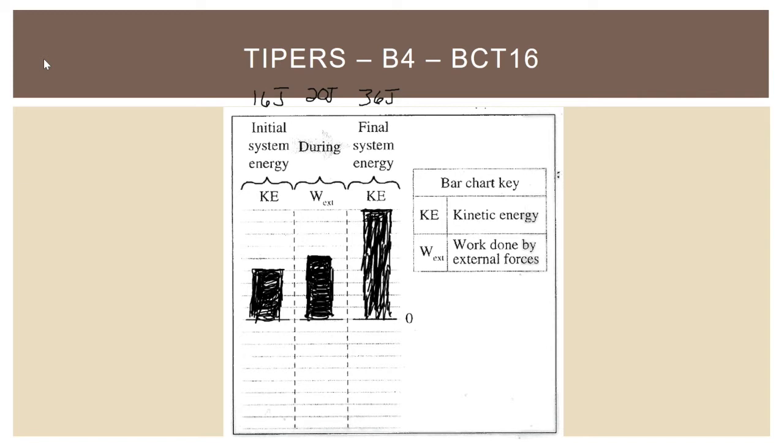How is it possible that the chart is going to look the same, even though clearly what happened to the ball is different? It changed directions. The point is, energy is a scalar. And because energy is a scalar, the fact that the ball changed directions doesn't actually matter as far as calculating the initial energy, the final energy, and the amount of work done.